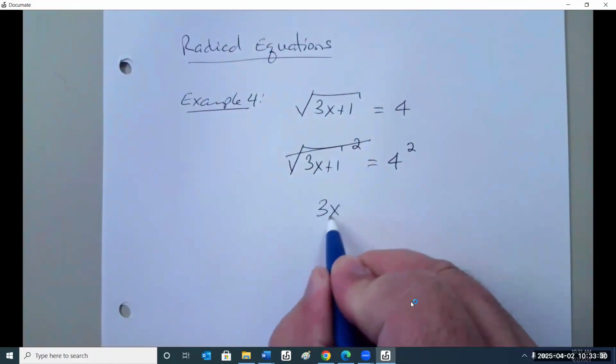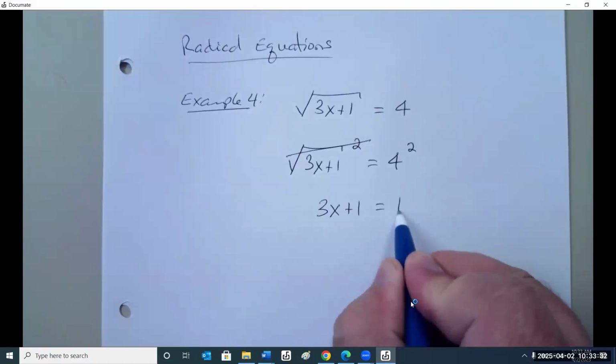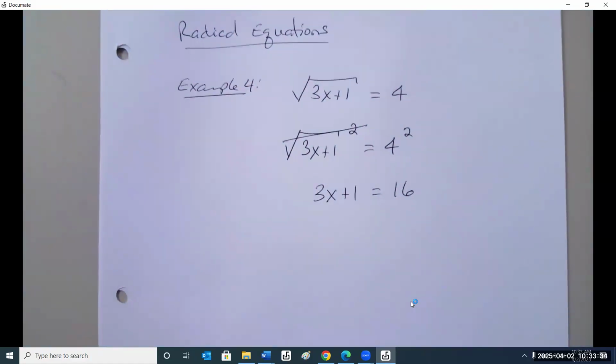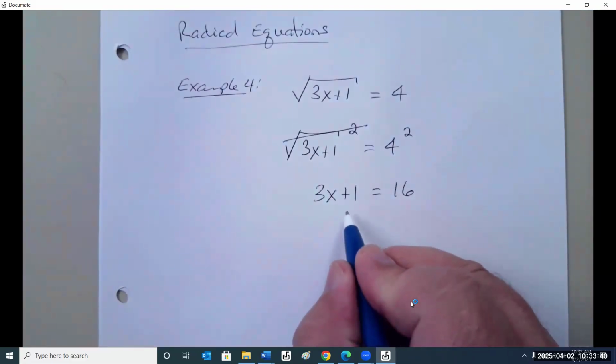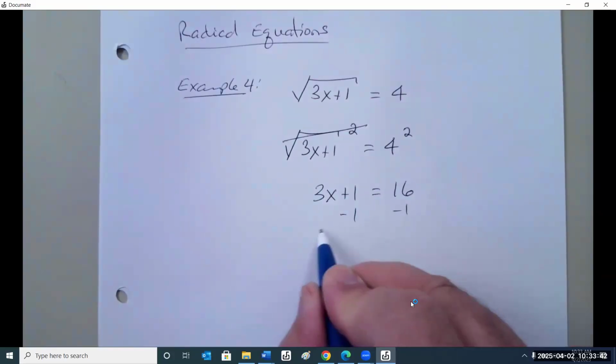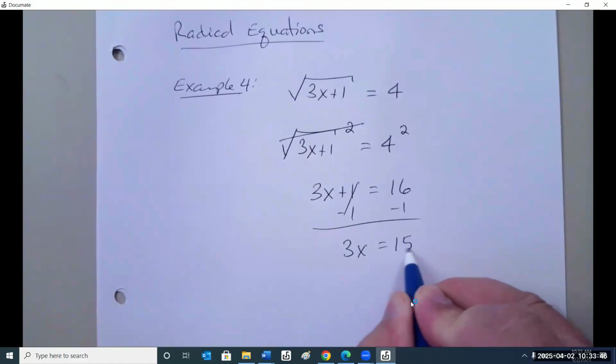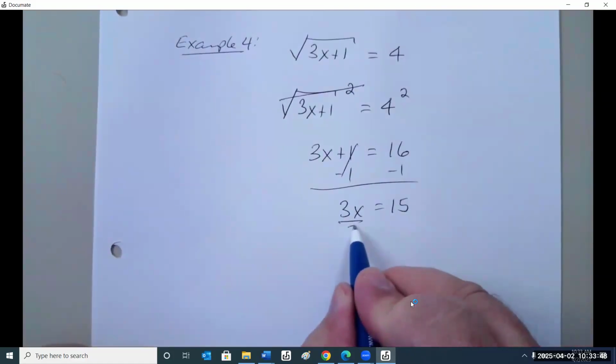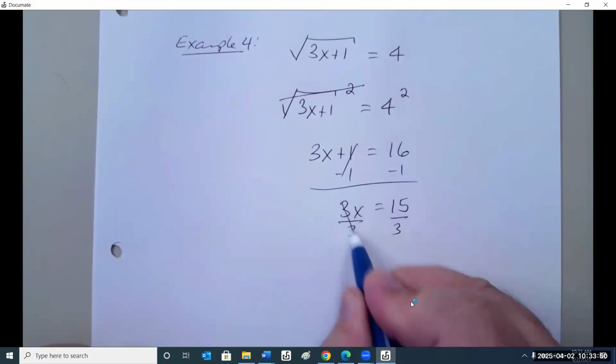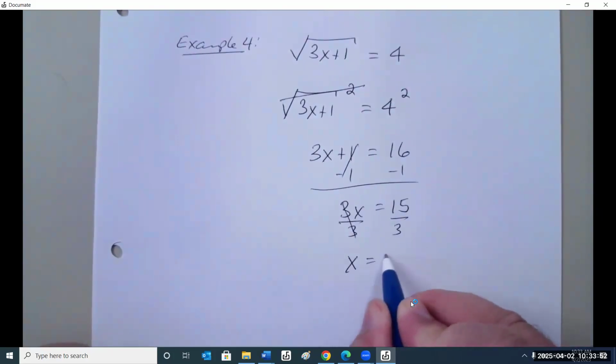That gives us 3x plus 1 equals 16. And solve for x. Subtract 1 from both sides. 3x equals 15. Divide by 3. x is equal to 5.